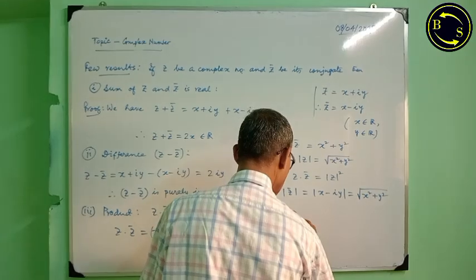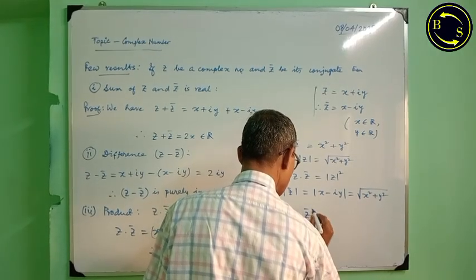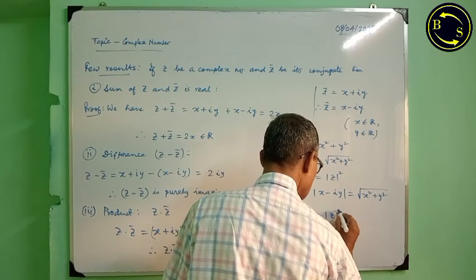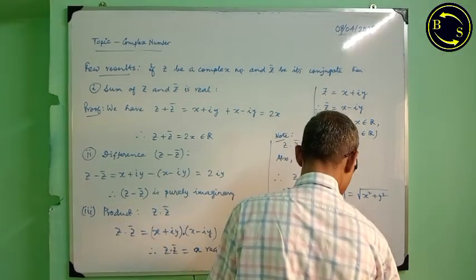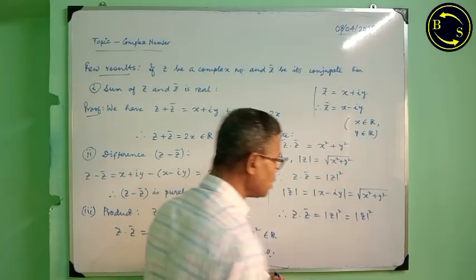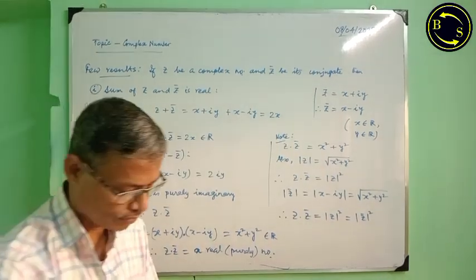Therefore, z into z bar is equal to mod z square, also the square of the modulus of z bar.